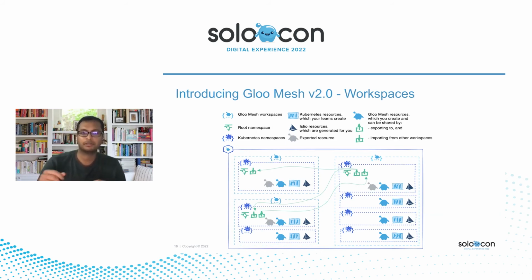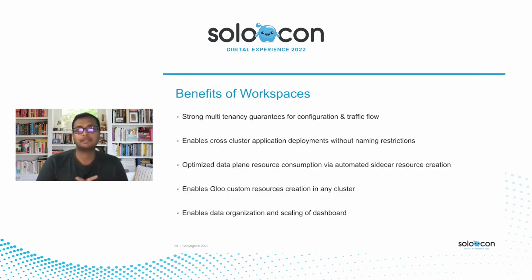So basically you can say I'm importing a particular workspace or a resource or service within that workspace that allows you to basically start consuming it. But without doing those imports and exports, you are basically in an isolated environment, and you will never affect anything from a security point of view that is in a different workspace. So this is basically summarizing the benefits you get out of it, right?